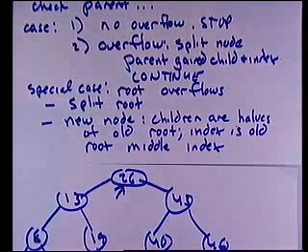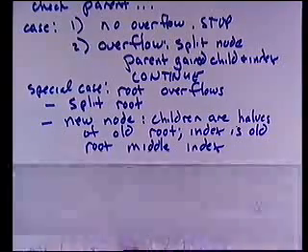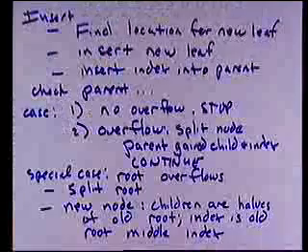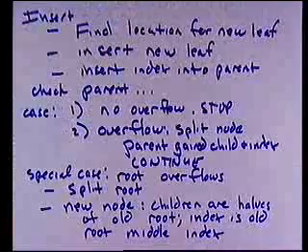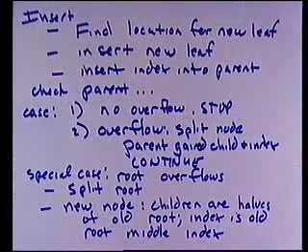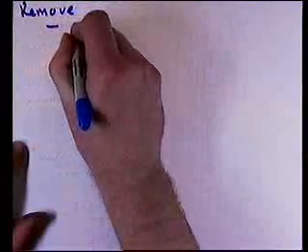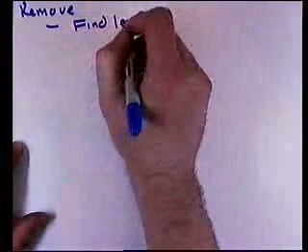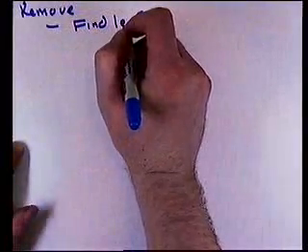Now for remove, it's going to start out in a very similar manner. When we do a remove, we're going to say, first you find the location for the leaf you're looking for. Assuming it's there, then you're going to delete it and remove an index. So for remove, you will find your leaf, and of course, if you don't find your value in a leaf, it's an unsuccessful search and you're done already.